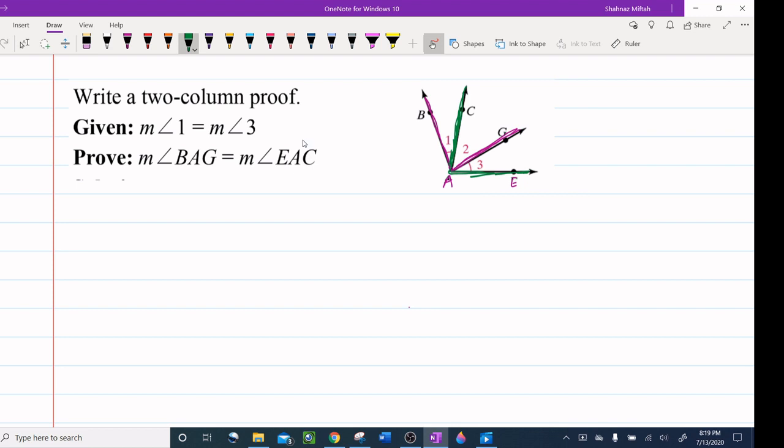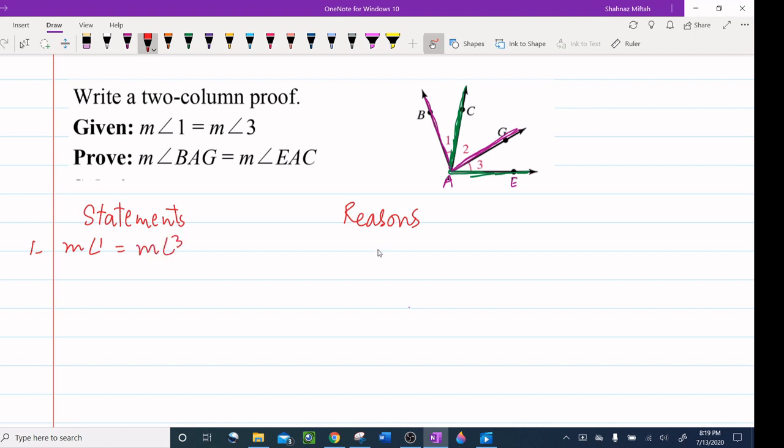We're going to make two columns. I'm going to do it in probably this color. I have statements and reasons. Number one, statement: first of all, you write down whatever is given.